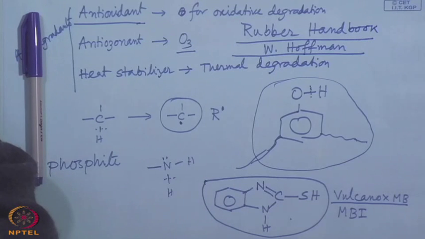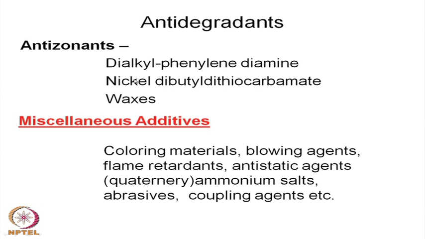Apart from these, a few examples mentioned here: dialkyl phenylenediamine, nickel dibutyl dithiocarbamate, or waxes, say paraffin wax, microcrystalline wax. These are also used as antiozonants, because if wax is blended with the rubber compound, slowly these wax molecules, which are basically hydrocarbon, bloom or diffuse to the surface and form a very thin layer of coating over the rubber product.